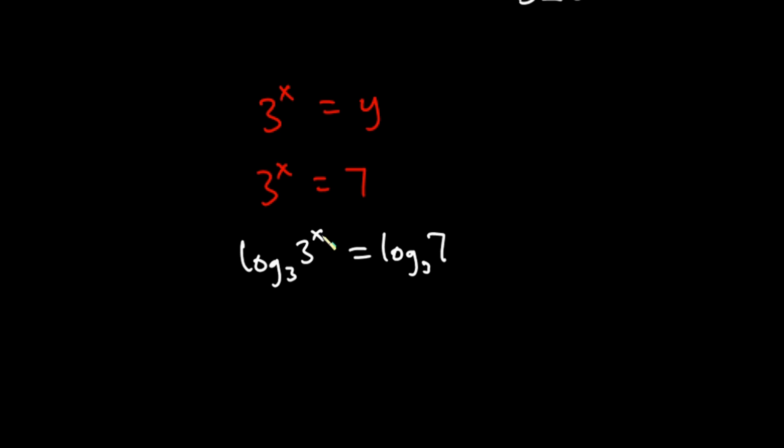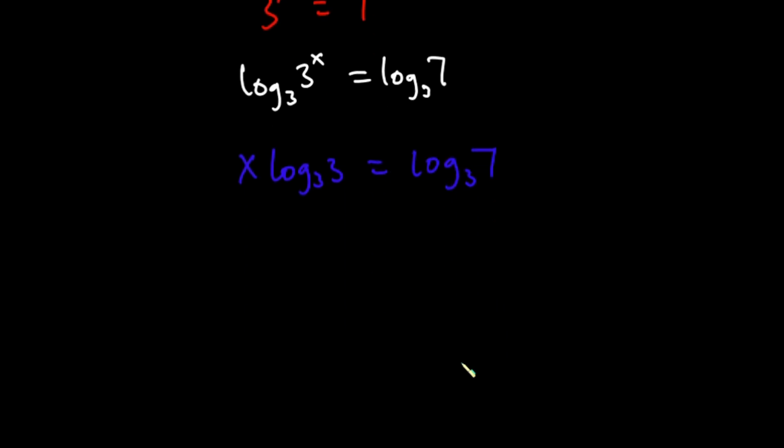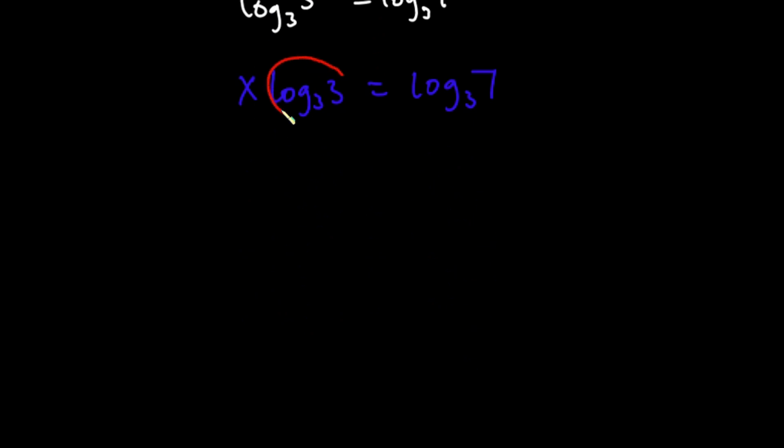And now applying the rules of logarithm, the power becomes the coefficient. So we're going to have x log in base 3 of 3 is equal to log in base 3 of 7. Now log in base 3 of 3 is equal to 1. 1 times x is x, so we're going to have x is equal to log in base 3 of 7.